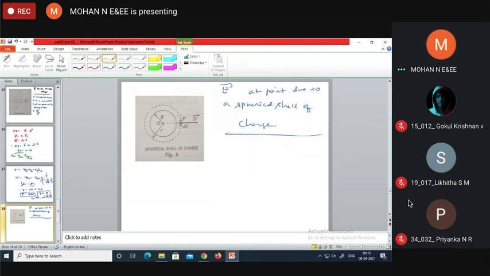Again, the interest is to find the flux lines, and from the flux lines we have to find out the intensity. This is E at a point due to a spherical shell of charge. A spherical shell means it's a hollow shell. There will be a uniform distribution of charges.